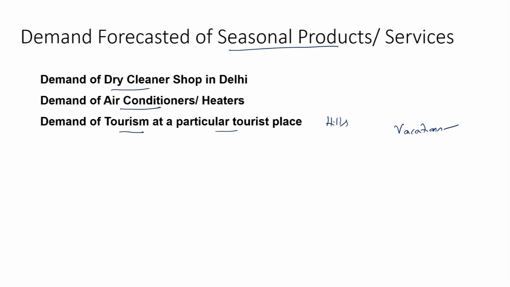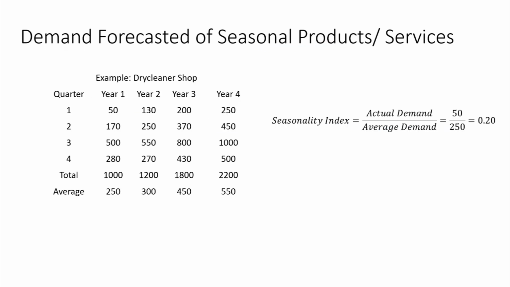So, how to forecast for the seasonal items? Let us do it with the help of one example. Let us say this is the data of a dry cleaning shop. You can call it air conditioners also, you can call it a tourist place also.